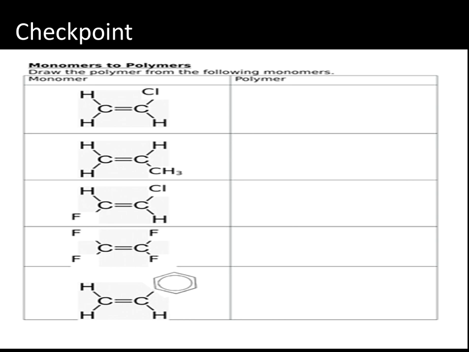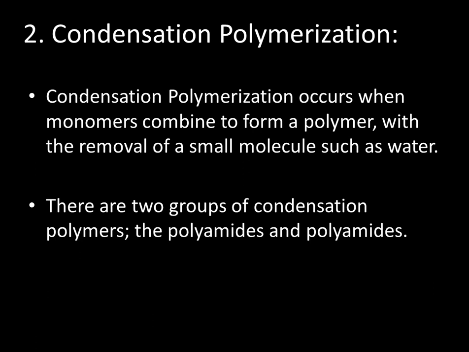Now we come to discuss the second type of polymerization, which is termed as condensation polymerization. Condensation is a word which is normally used for the processes where water is produced. So condensation means a reaction in which the linking will be taking place and a product, water, will be produced as a byproduct.